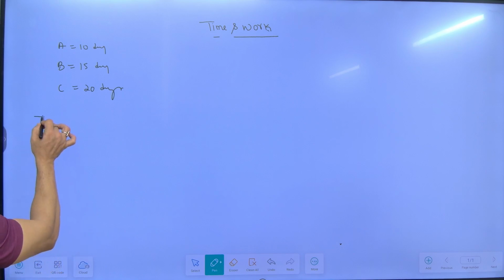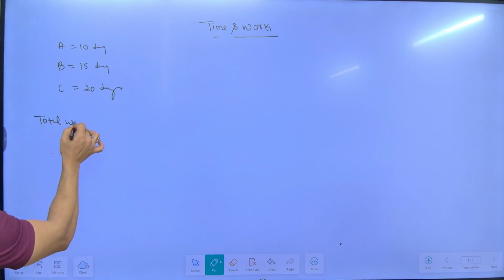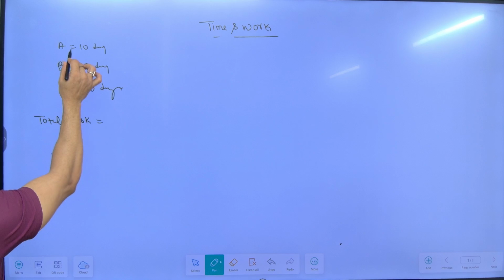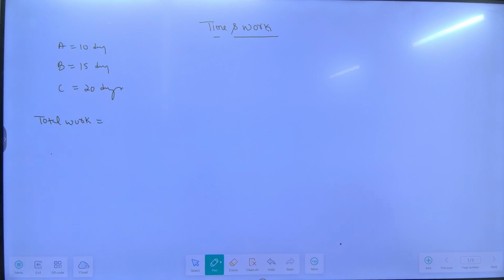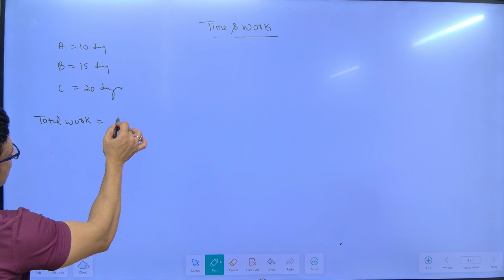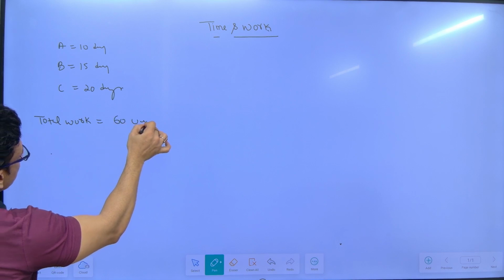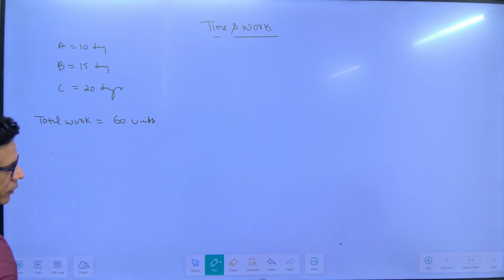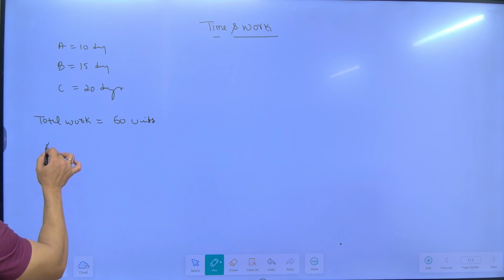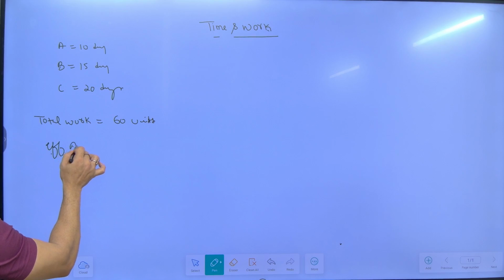So first you have to find out the total work. Total work is the LCM of 10, 15 and 20. What is the LCM of 10, 15 and 20? 60, right? 60 units. Now what is the efficiency of A?